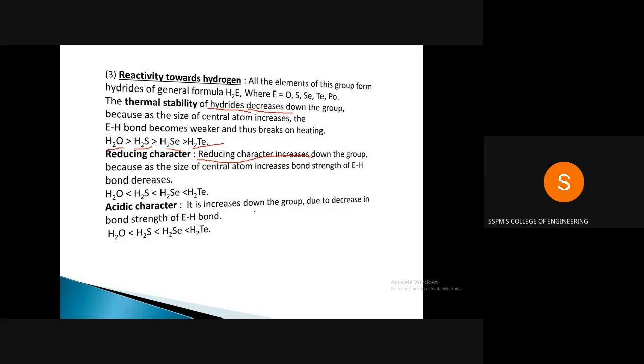Then acidic character increases down the group due to the decrease in bond strength of the E-H bond. Because bond strength decreases, hydrogen will be released easily. So the acidic character increases down the group. If there is strong bonding, hydrogen will not be released.